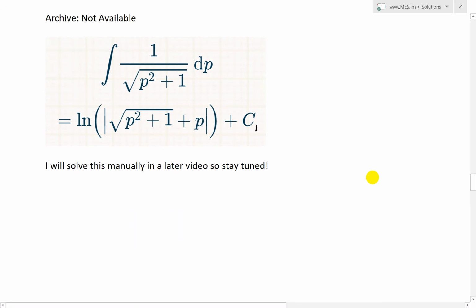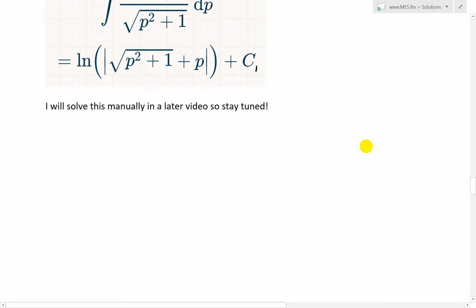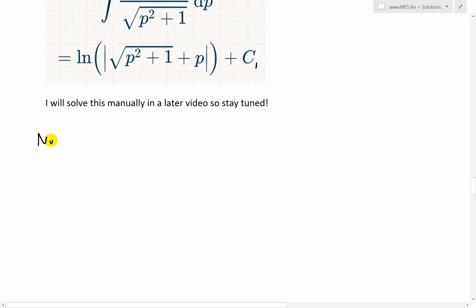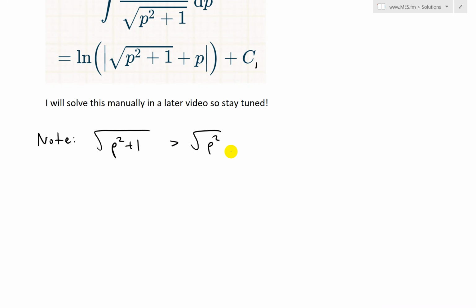Now also note that this has an absolute value sign, but we can remove that absolute value sign because we know that the square root of p squared plus 1 is greater than the square root of p squared, because that has an extra 1 there, and everything in the square root needs to be greater than 0.